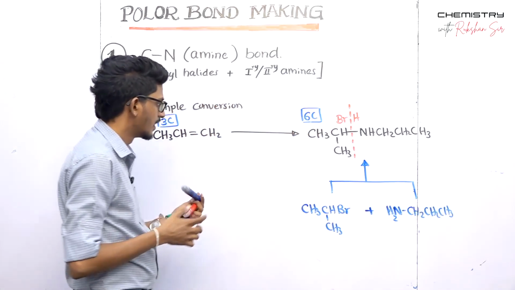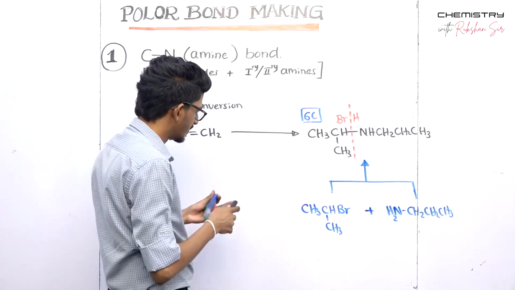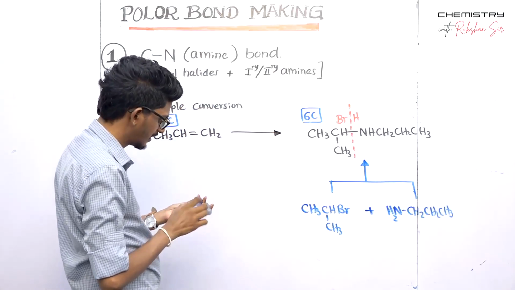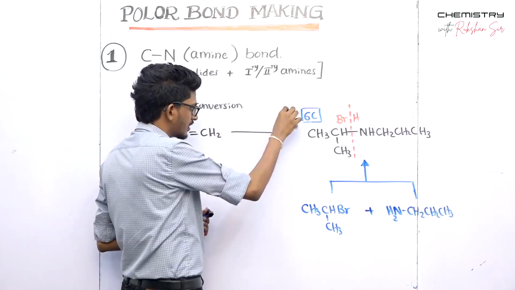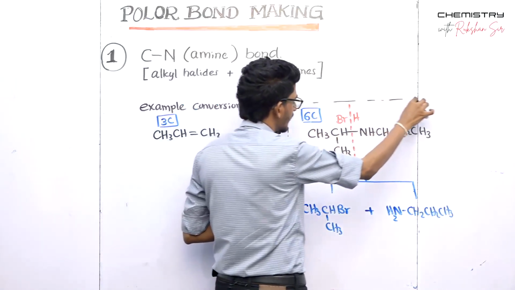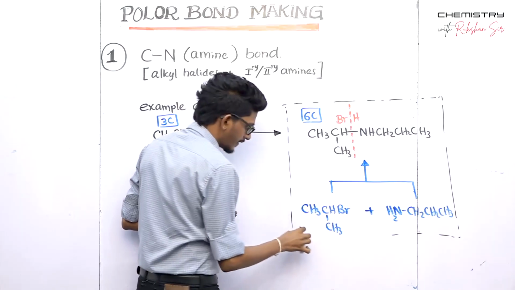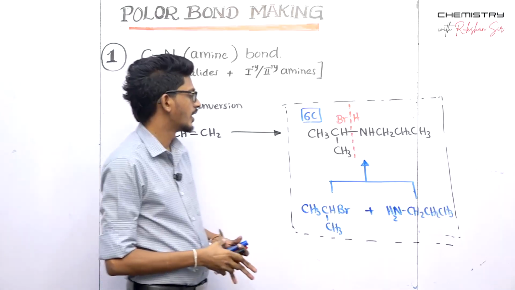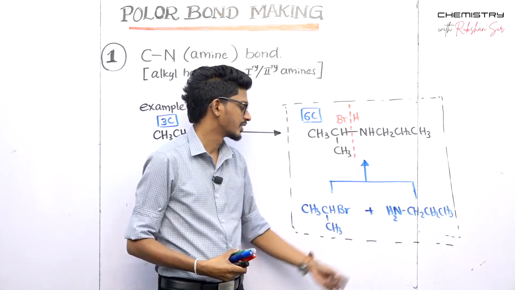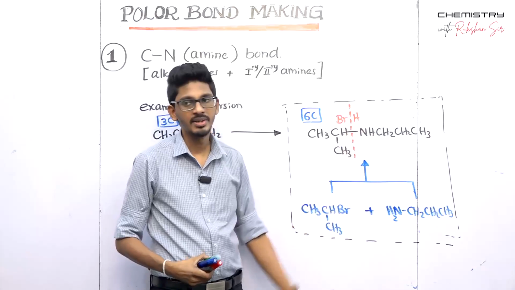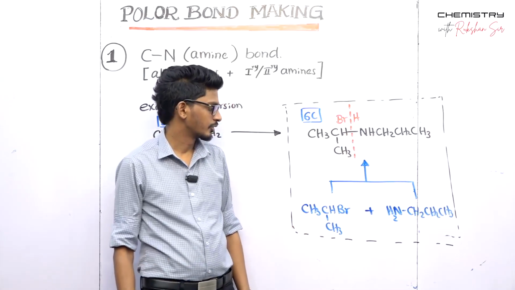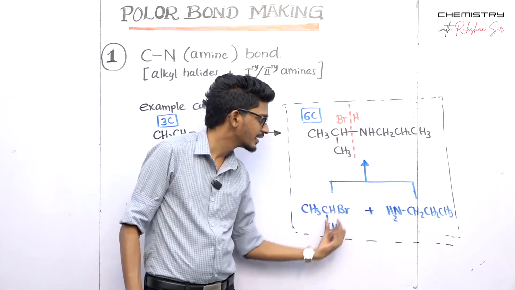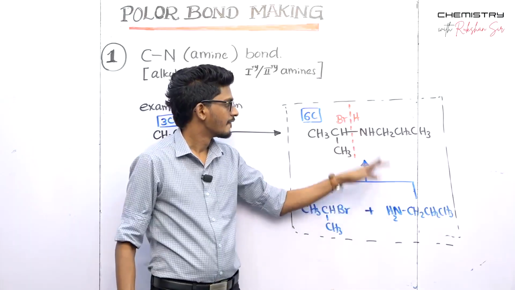Now this is the heart of the question, no? Actually, polar bond makings are very, very simple. Polar bond making questions are very easy, Lama. Why is that? Because with this working, you are just coming up with the two immediate compounds which will give you the final product.